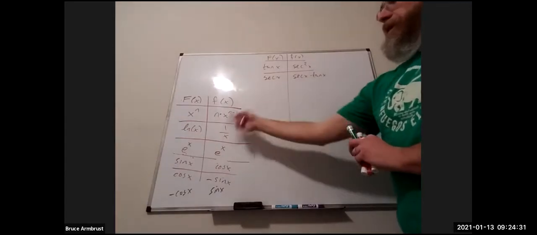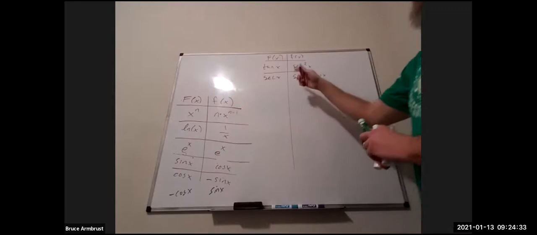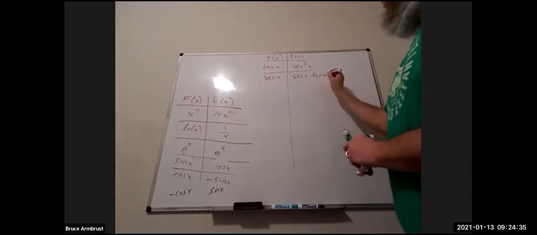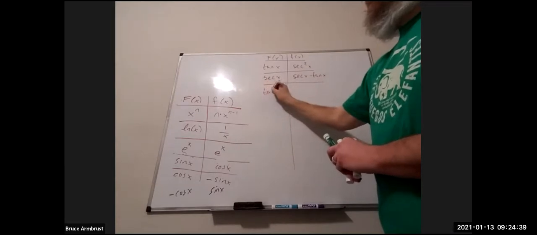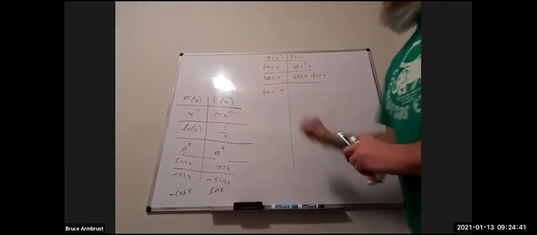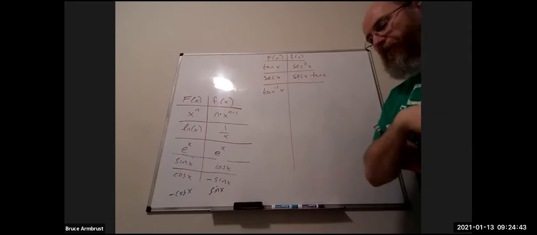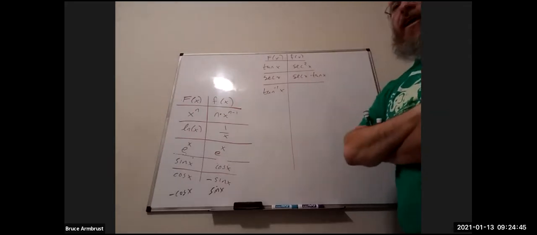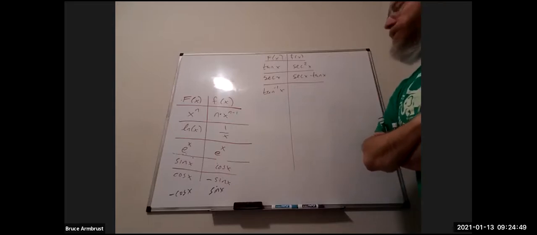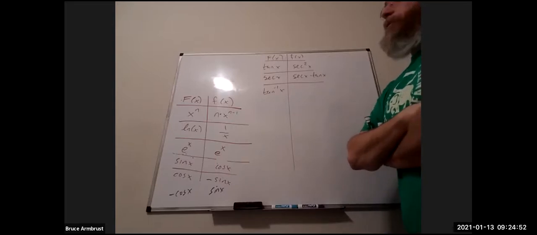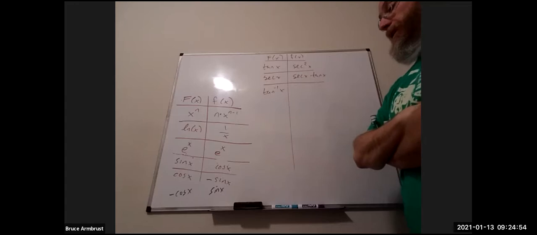All right, so let's see, we got our natural log, we got e, sine, cosine, tangent, secant. Another important one is inverse tangent. We also had inverse sine, inverse cosine, right? We had all those inverse functions as well. But I'll just tell you the inverse tangent is probably the most important when it comes to integration.